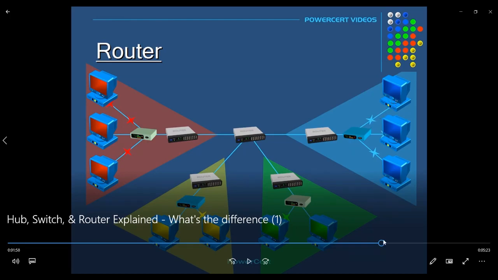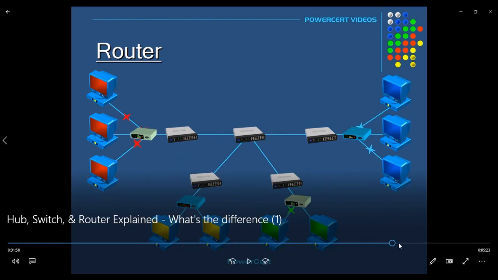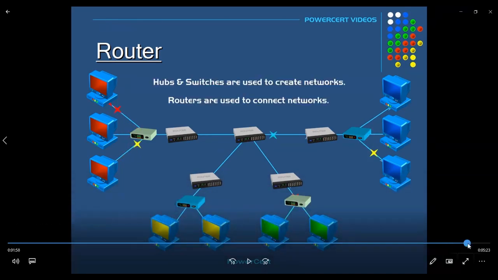These are the few things that we have captured from this video, and I think you could understand how routing happens and how these different networks are being connected.